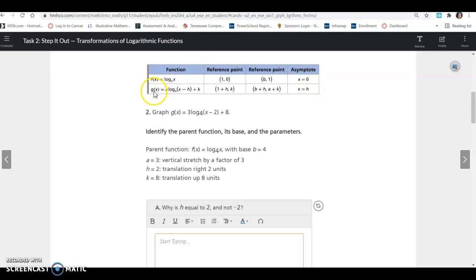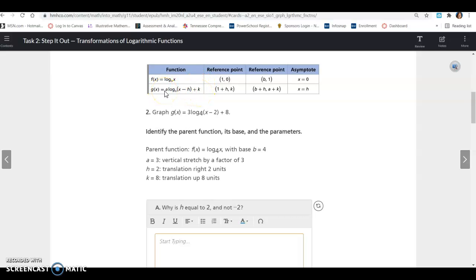So g(x) = a times log base b of (x - h) plus k. You can see this is very similar to lots of other functions that we've looked at. So h is going to be your horizontal movement, and it's going to be opposite h every time. And then plus k is your vertical movement, so this moves you up and down.